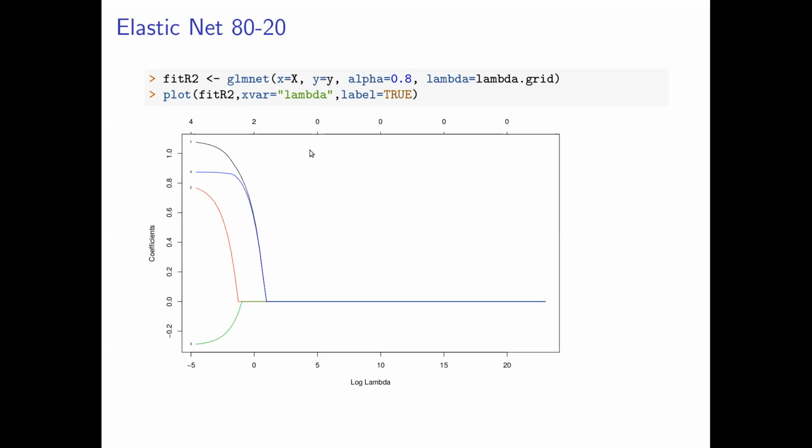And as soon as we increase the lasso part, this fourth variable gets closer and closer to 0. Those two here are moving more and more apart. But still, as they are highly correlated, this has an effect, and they are both either removed together or kept in there together.